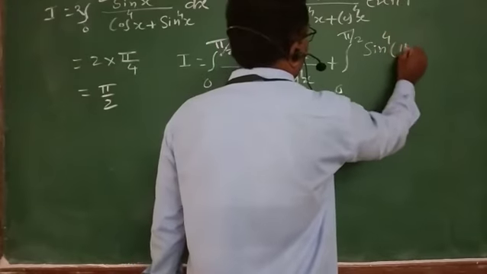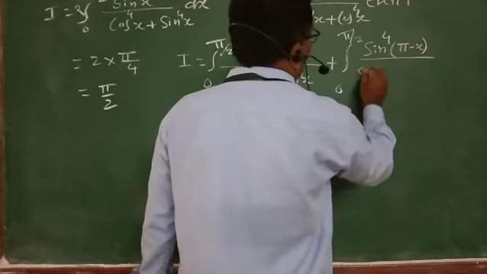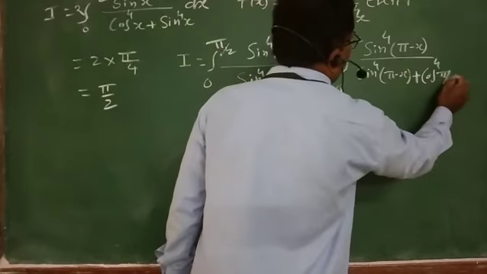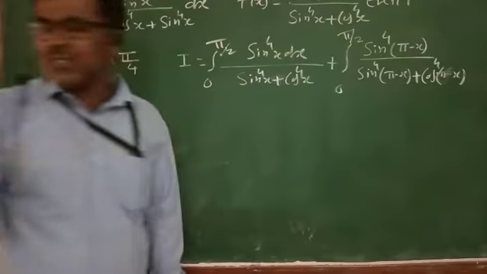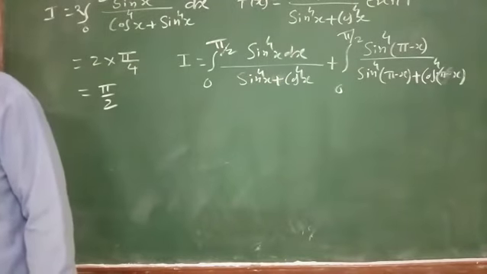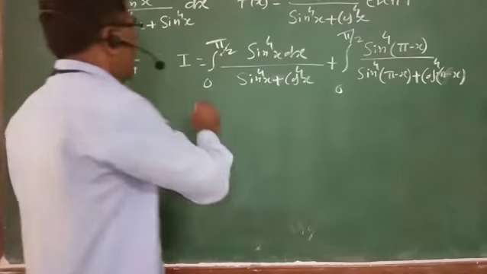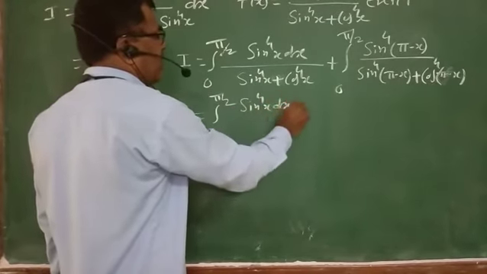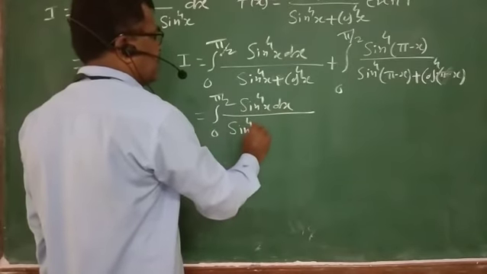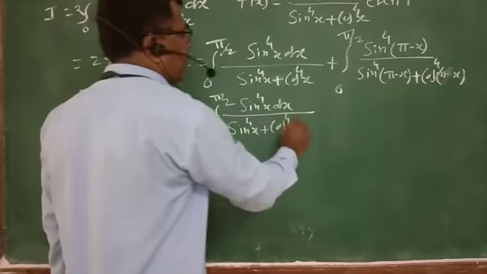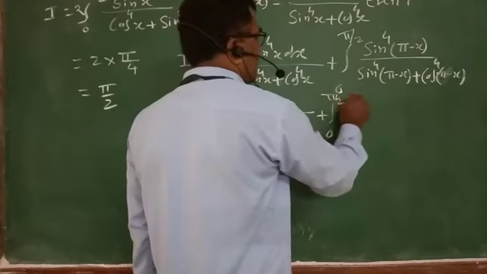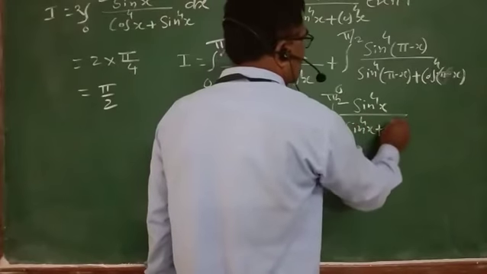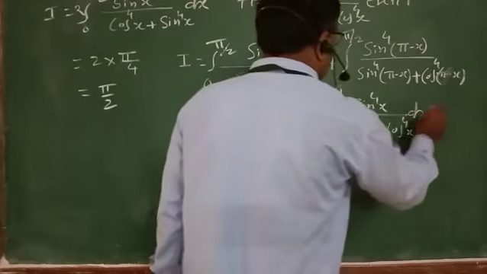sin raised to 4 of (pi minus x) upon sin raised to 4 of (pi minus x) plus cos raised to 4 of (pi minus x), that is equal to integration 0 to pi by 2 sin raised to 4 dx upon sin raised to 4x plus cos raised to 4x plus integration 0 to pi by 2 sin raised to 4x upon sin raised to 4x plus cos raised to 4x dx.